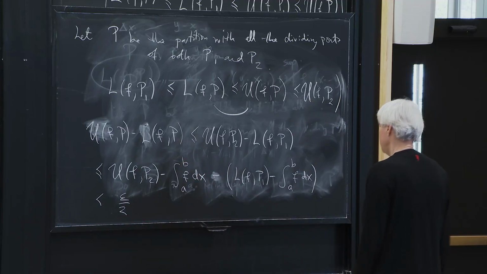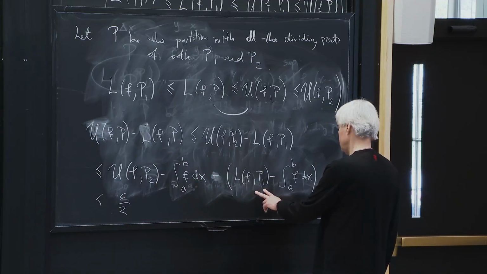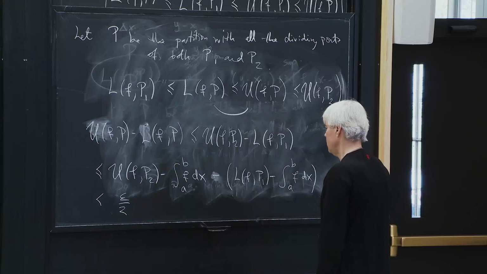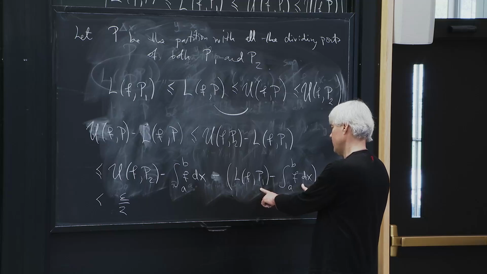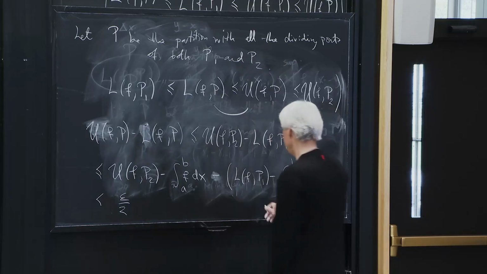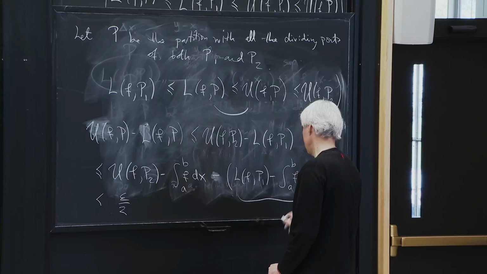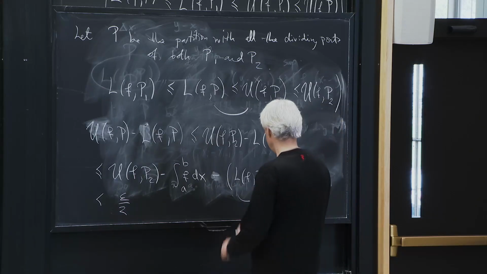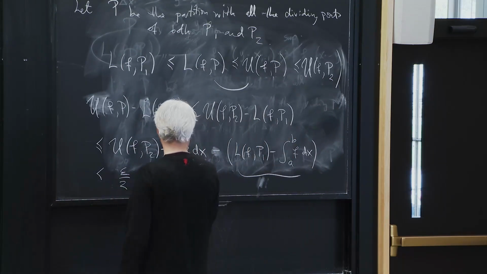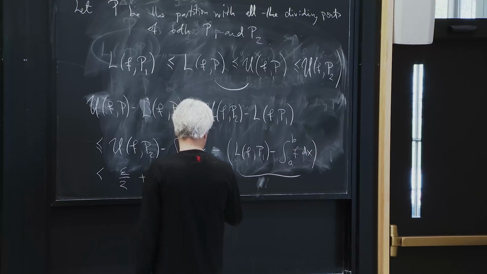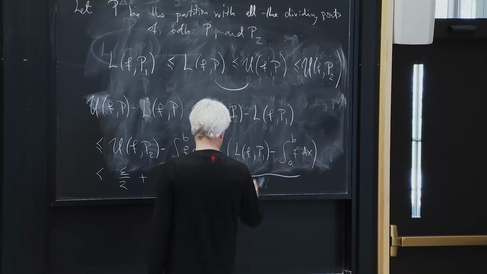And this thing here is also bounded by, this is actually negative, so this thing here is bigger or equal to, let me write it like this, plus the integral from a to b of f(x) dx minus L(f,P1), right?